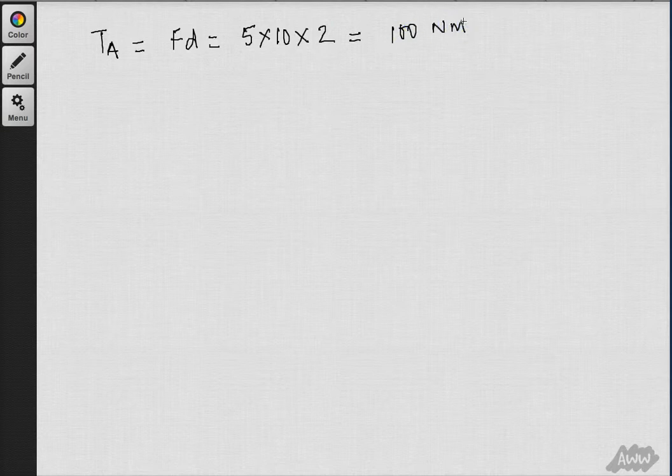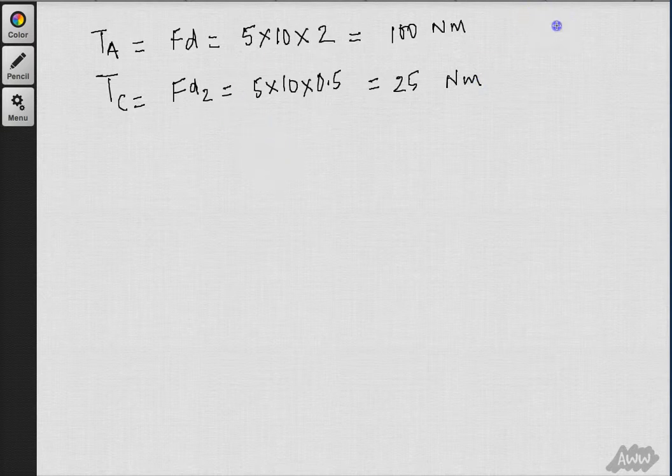Now if we take the turning moment clockwise, the force is the same because the mass of the fire extinguisher is the same, but d2 is different, so it's 5 times 10 times 0.5, and that's going to equal 25 Newton meter.